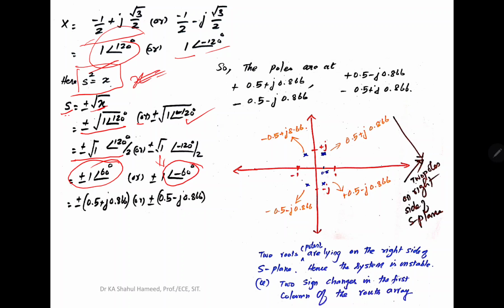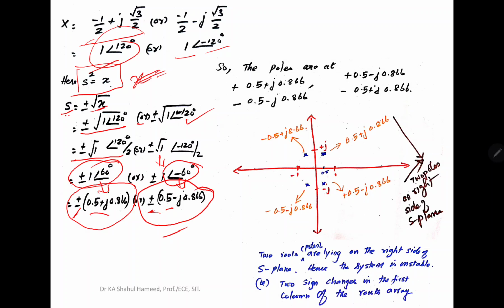When you convert from magnitude and phase into a complex number, for this case we get plus or minus 0.5 plus j 0.866, and for the other case plus or minus 0.5 minus j 0.866. Now we have to locate the poles in the S plane. Here we have two roots in each case, so we have two poles.